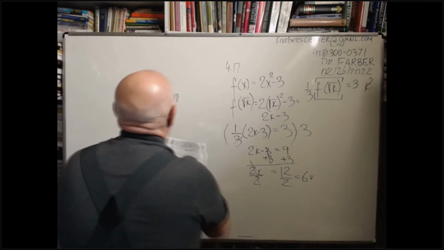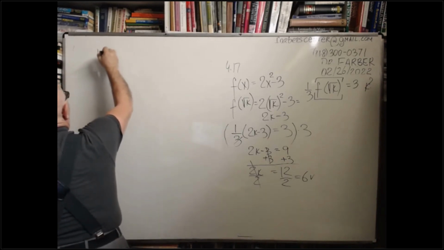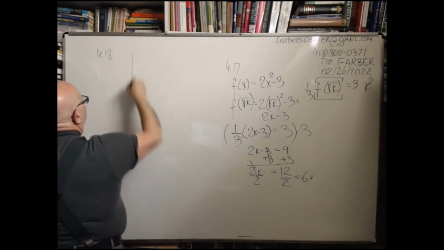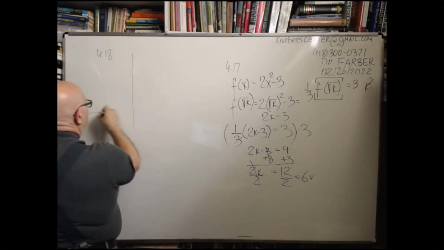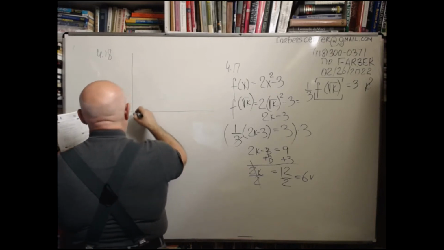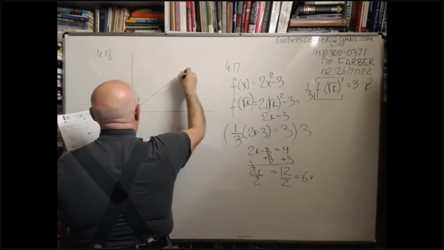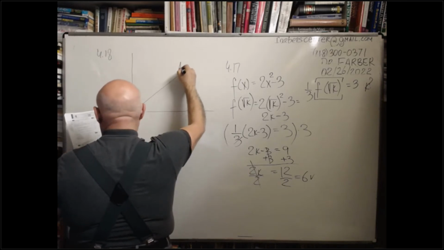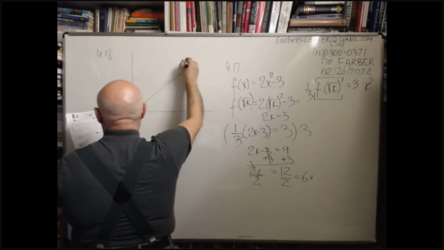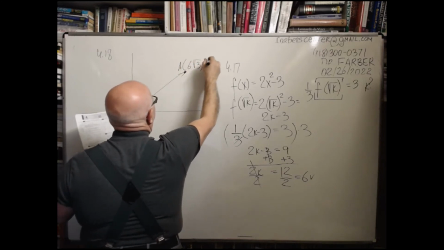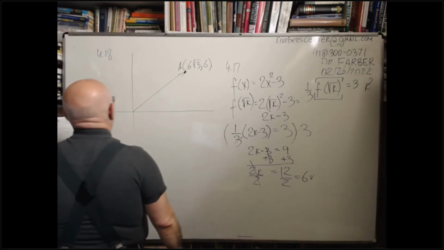418. Let me make a picture for 18. We have Cartesian coordinates, and we have two rays. This ray is point A, which is (6 square root of 3, 6).